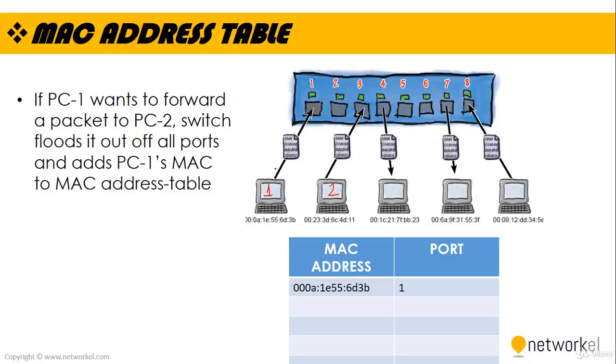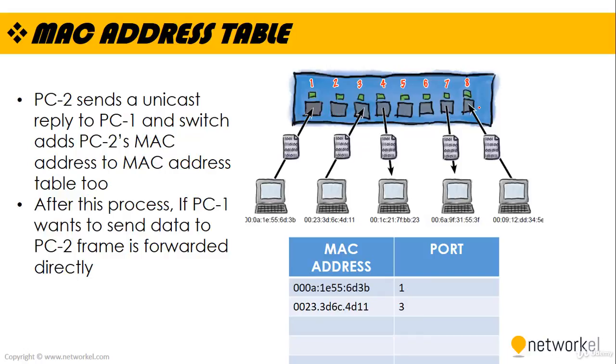What is going on here is PC1 wants to communicate with PC2. The switch checks the frame, then checks the MAC address and immediately adds PC1's MAC address to the MAC address table, saying, hey, on my first port I have this MAC address, which wants to communicate with this MAC address, but I don't have this MAC address in my table, so I'm flooding the request out of all my ports.